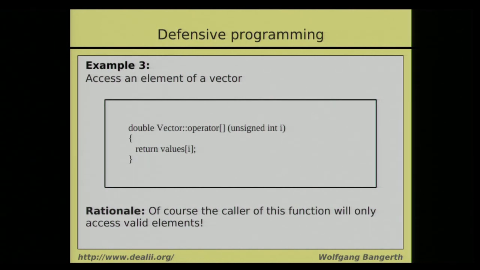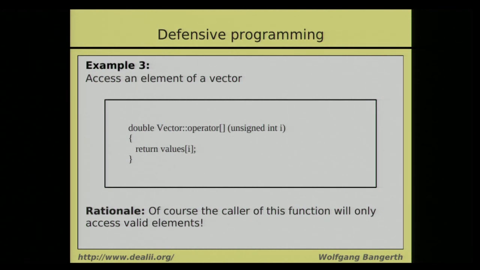If we just return the 15th element of a vector of length 10, that will be a nonsensical value. You can of course write this sort of code, but it's going to be very difficult to find out what exactly is wrong in your code if you allow access to the 15th element, because all that's going to happen is that your program produces unpredictable, wrong, maybe not quite obviously wrong results.